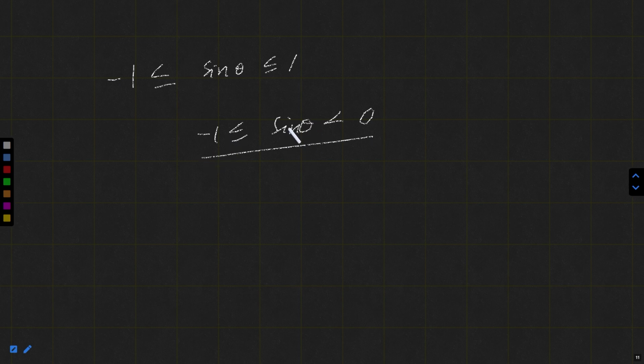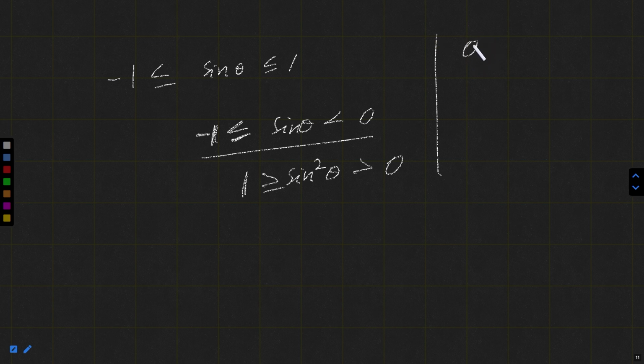So square it. What will you have? A square of a negative number will always be positive. So sine square theta will be positive. But how great can it be? As we have the least value as -1, -1 squared you will get 1. So at most you can get up to 1. That's it.